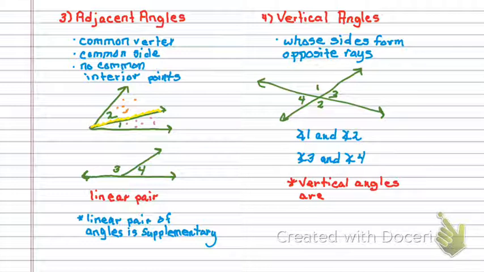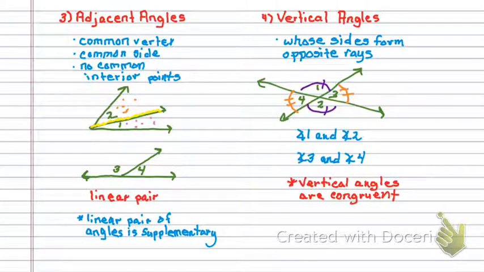And we know if vertical angles are congruent, that also means that their measures are going to be equal. So when I look at this diagram, angle 1 is going to be congruent to angle 2, whereas angle 3 would be congruent to angle 4.